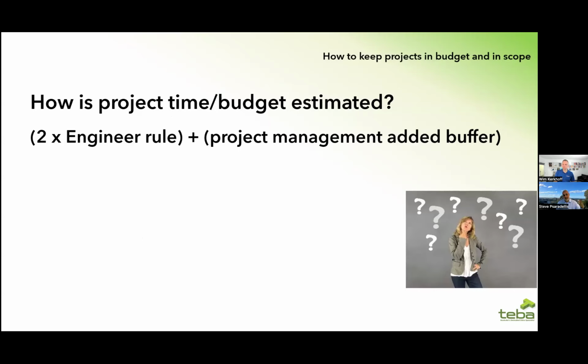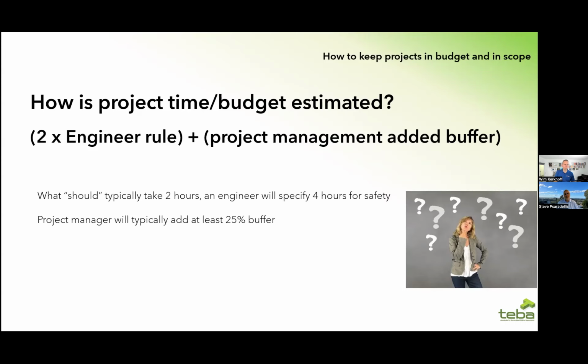So in an engineer's head, what happens is they think, oh, this task is going to take 1 hour or 1 day, whatever it is. In this case, 2 hours. What do engineers do? They go, well, I should double it. I should really put some safety in there because it might take longer. And if I say it's going to take 2 hours and it takes more, I'm going to look bad. So I'll say it's going to take 4 hours.